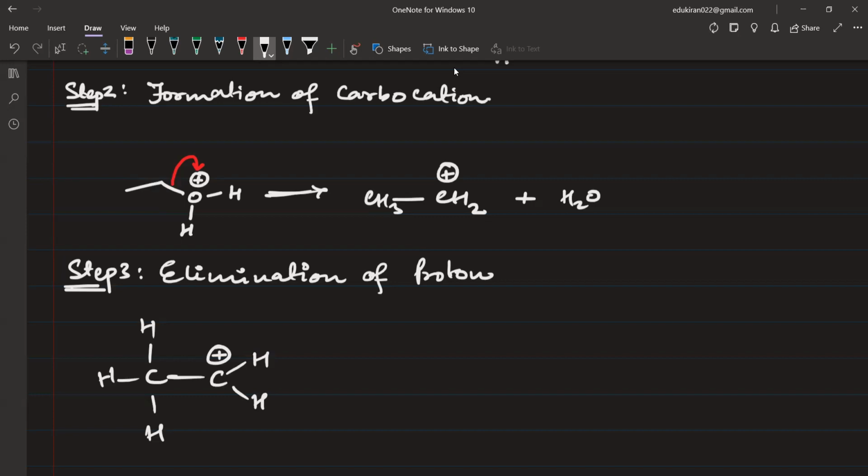Okay. अच्छा, अब देखिए यहाँ पे generally क्या होता है ना, we have this proton, it is going to give the electrons here like this, and it is going to get removed, leading to formation of C, two hydrogens, double bond, and here also two hydrogens.